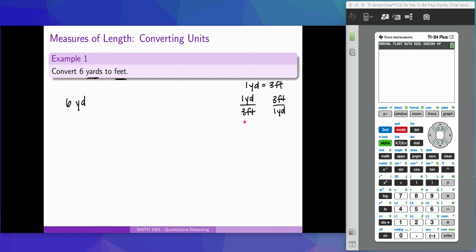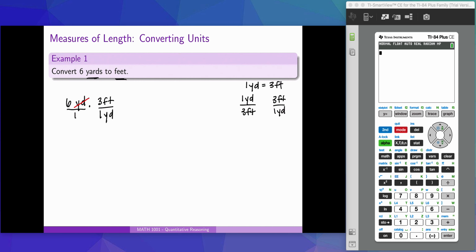I'm going to multiply by a conversion factor so that I end up with the unit I'm trying to find, which in this case is feet. Since I have yards, I need to cancel out yards somehow, so I'll choose the second conversion factor that has yards on the bottom. So I'll multiply times 3 feet over 1 yard, and I can think about this as just over a 1 if I want to. And now notice what happens.